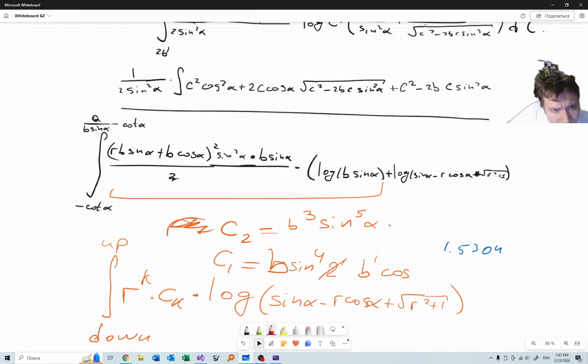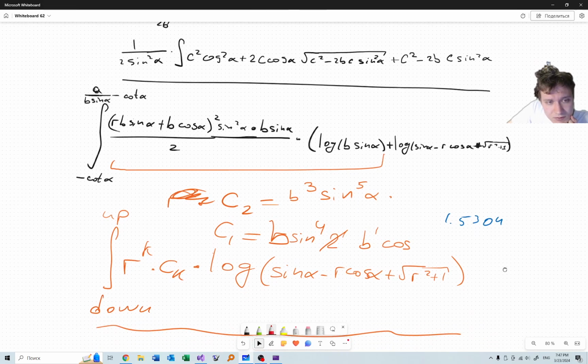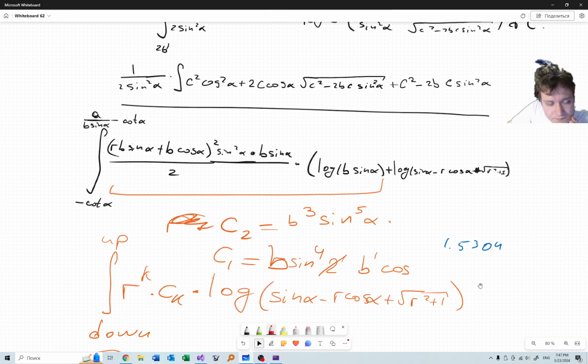It is multiplied by something over 2, b squared, a squared, a cubed alpha squared, sine alpha squared. So here we have sine alpha squared. So I also expect somewhere here to be a cubed. But where do I expect it?